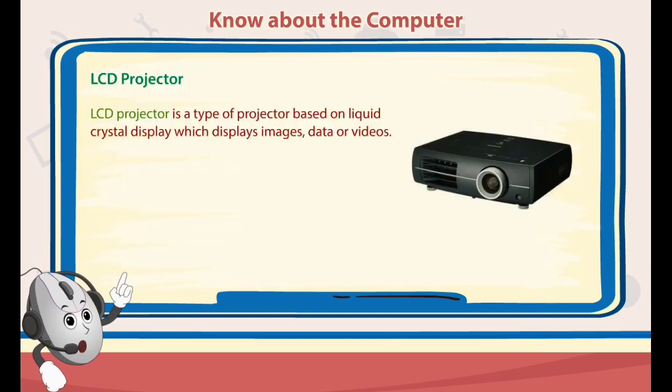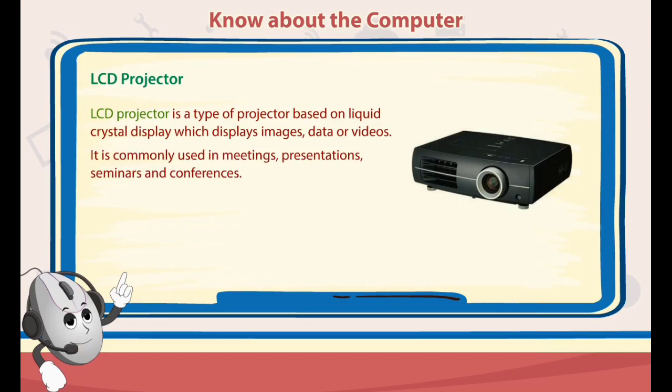LCD projector. LCD projector is a type of projector based on liquid crystal display, which displays images, data, or videos. It is commonly used in meetings, presentations, seminars, and conferences.